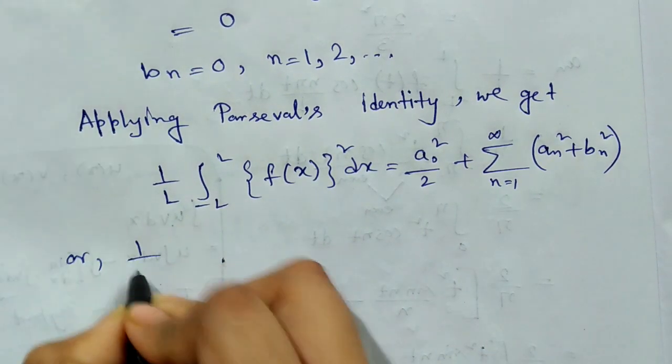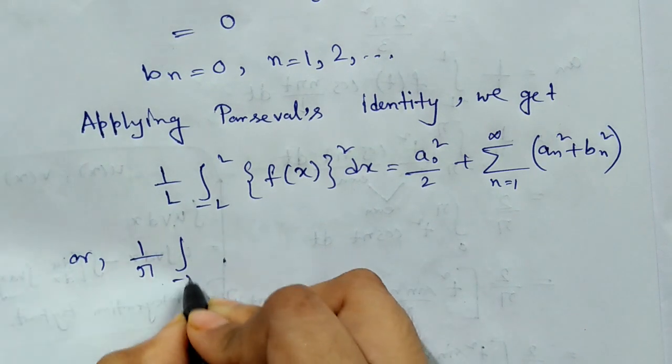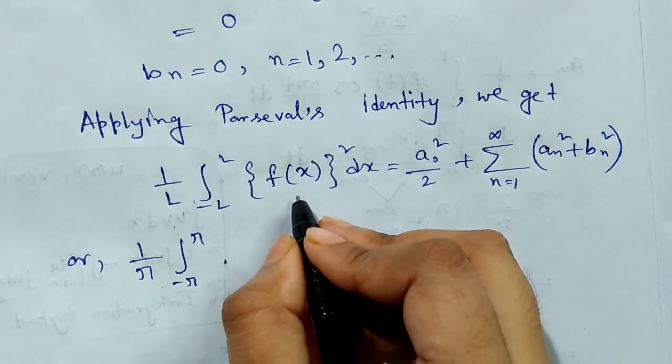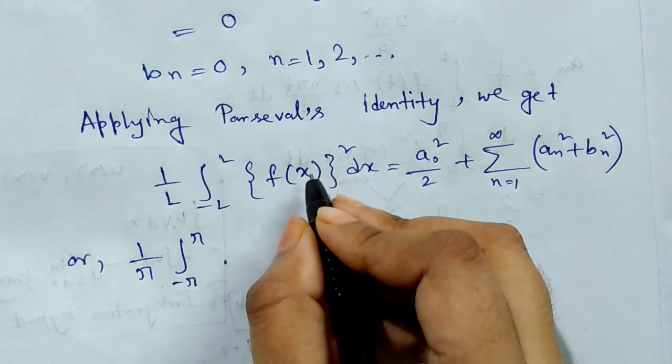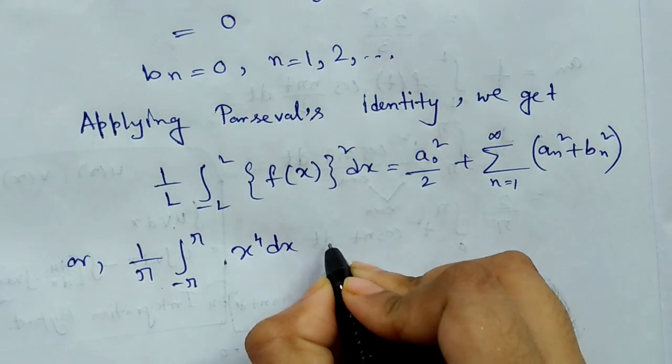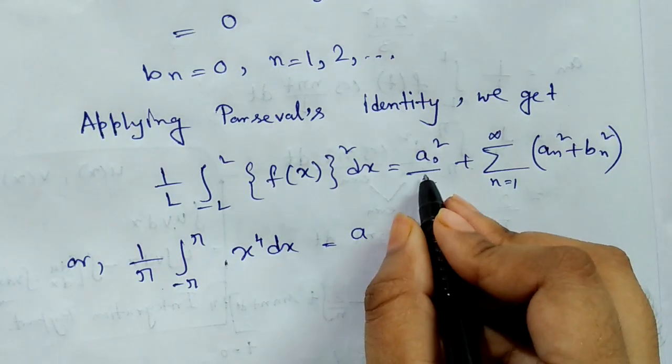Therefore we get 1 by pi integration minus pi to pi. Now f(x) equal to x square, so x square and square, that is x to the power 4 dx equal to a0.